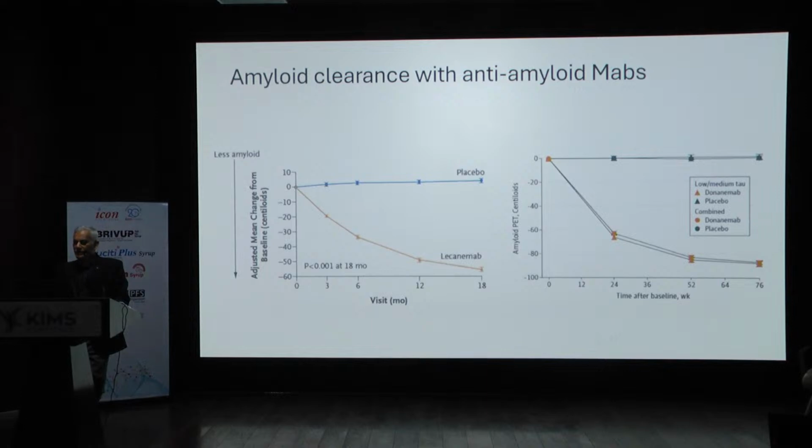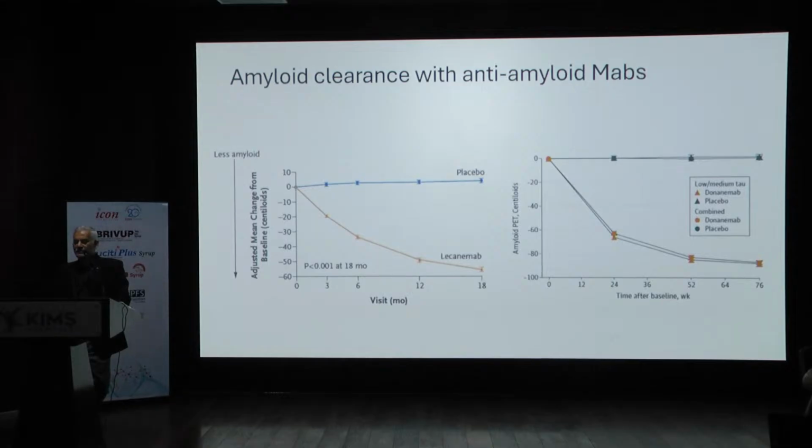In both the drugs, they showed a clear benefit of removal of amyloid from the brain. You can see from these graphs that in those who received placebo, there was almost no change in the amyloid level in the brain on amyloid imaging.